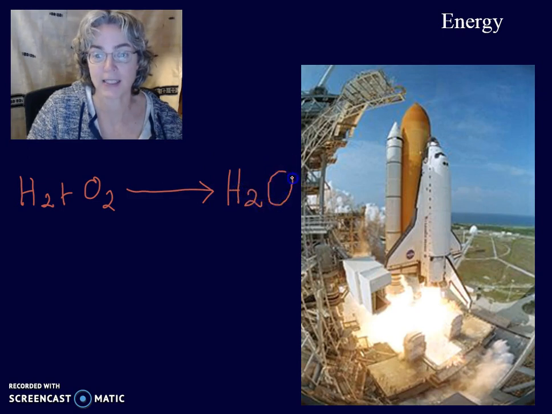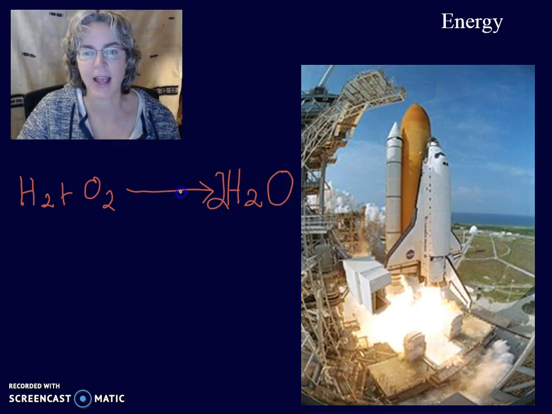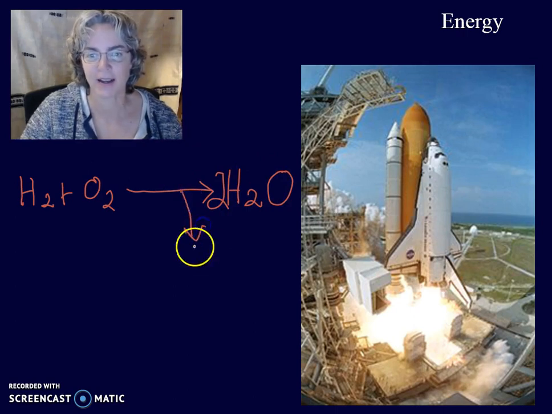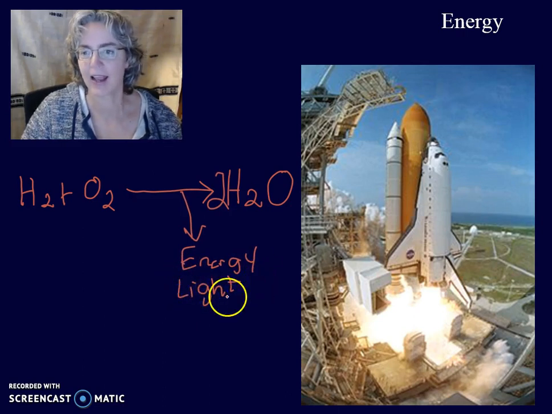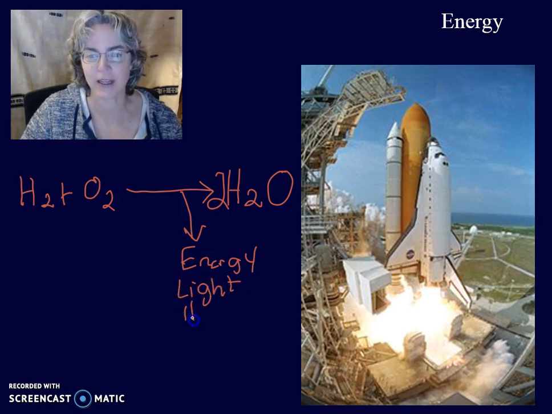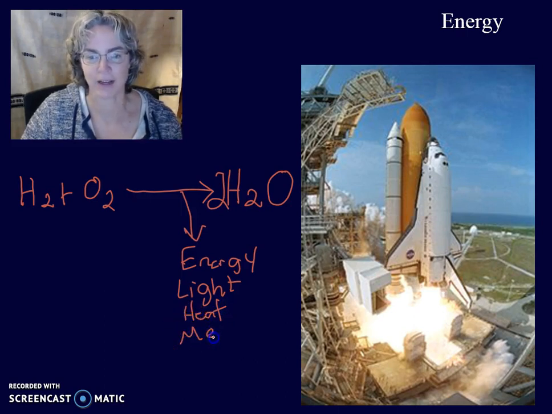But in the process, it produced energy. And that energy is in the form of light energy, we can see that, and heat energy, I'm sure they could feel that there, and mechanical energy to lift that sucker up off the planet.